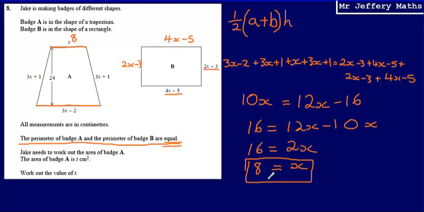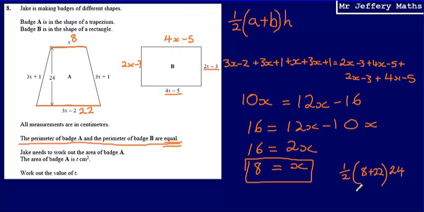So now I can start using this value and putting it onto my trapezium to find out the lengths of those two parallel sides. So x would be 8, then 3x minus 2 is this length at the bottom. x is 8, 3 times 8 is 24, minus 2 gives me 22. So now I can use this formula and say that this is going to be half of 8 plus 22, so half of 30, multiplied by the height we're given there, which is 24.